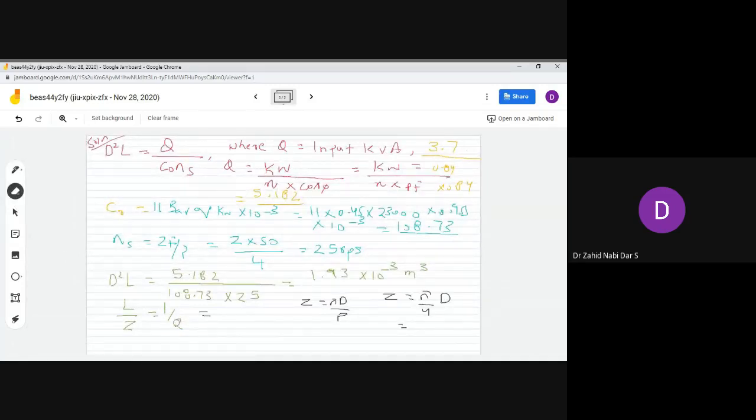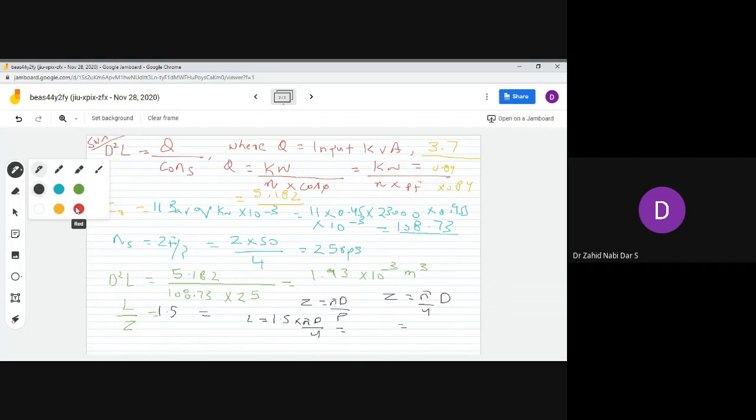In this particular problem the L by Z ratio is equal to 1.5. So the value of L in terms of Z would be equal to 1.5 into pi d by 4. This is the value.